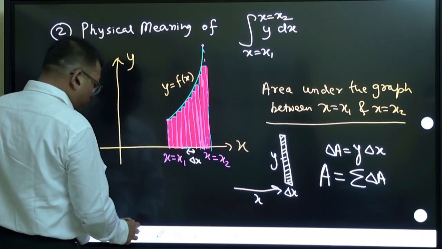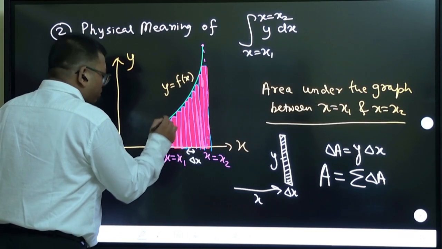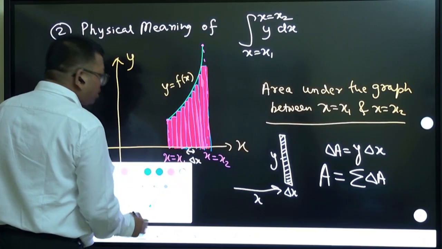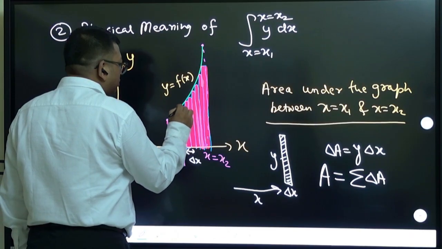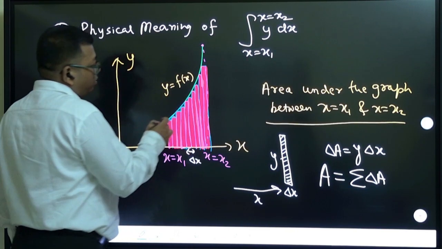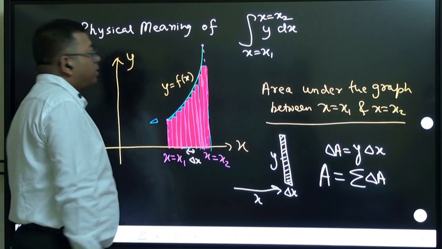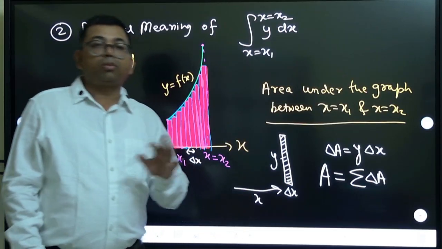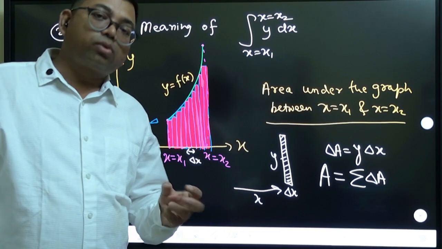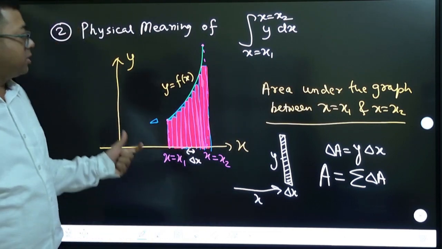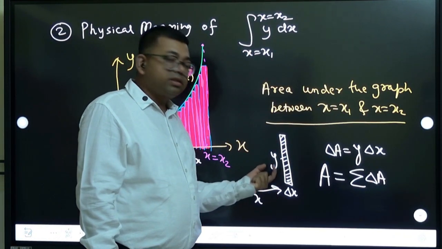It is a rough diagram, but clearly you can see that there is some triangular area which is getting lost here. We are not able to add this small triangular area because our strips are not including it. So that's the limitation of this process of breaking into delta x strips.